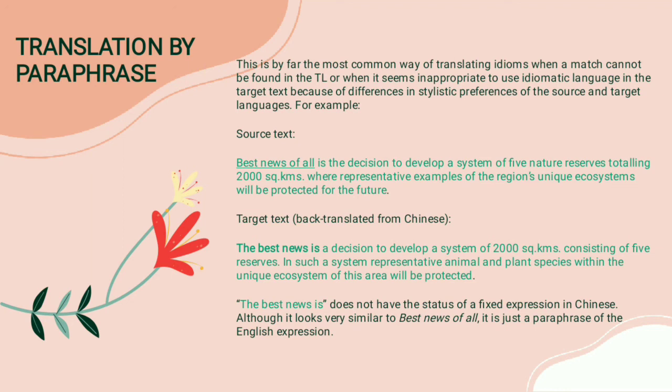In such a system, representative animal and plant species within the unique ecosystem of this area will be protected." So the sentence "the best news is" does not have the status of a fixed expression in Chinese, although it looks very similar to "best news of all." It is just a paraphrase of the English expression.